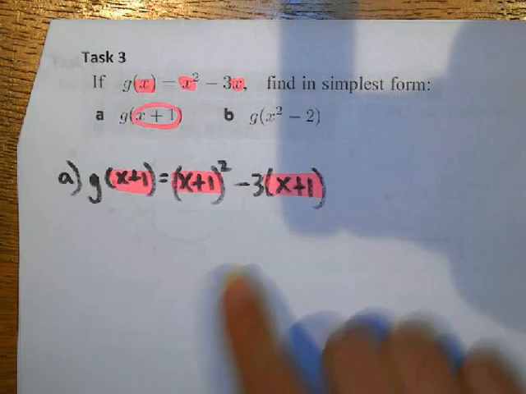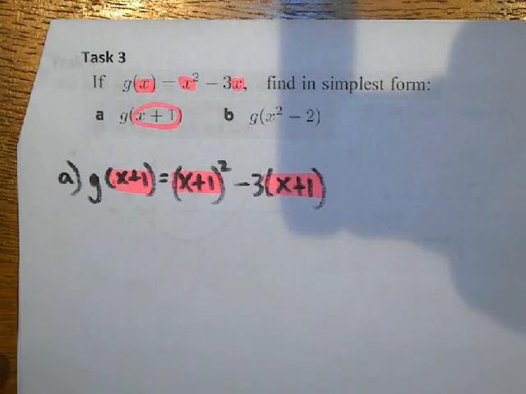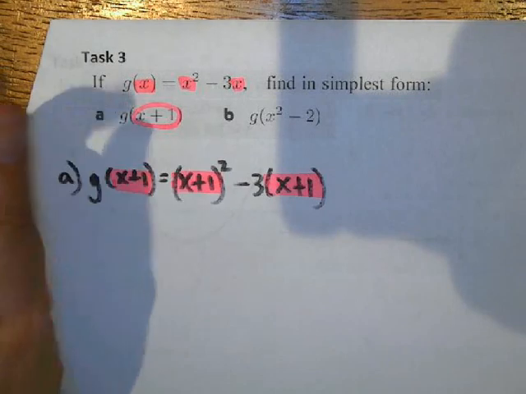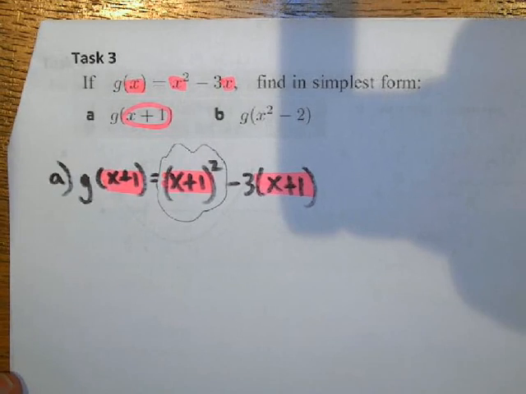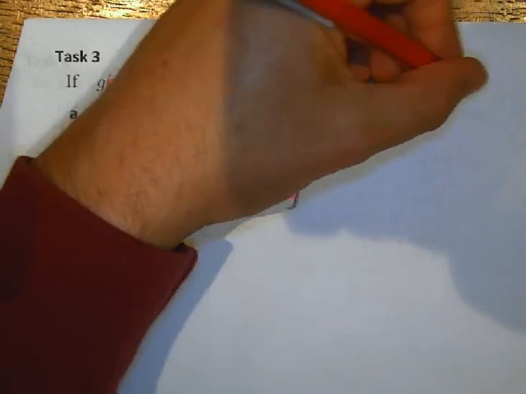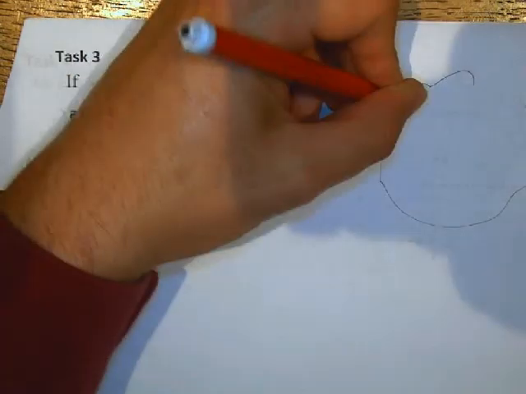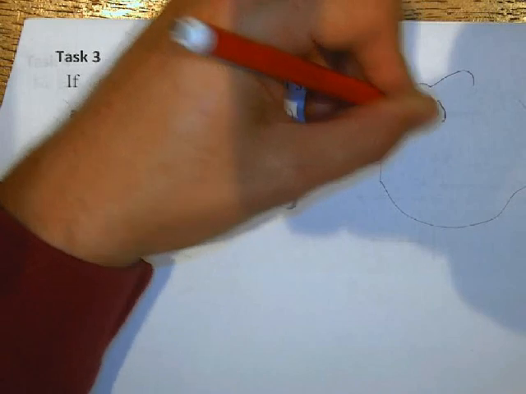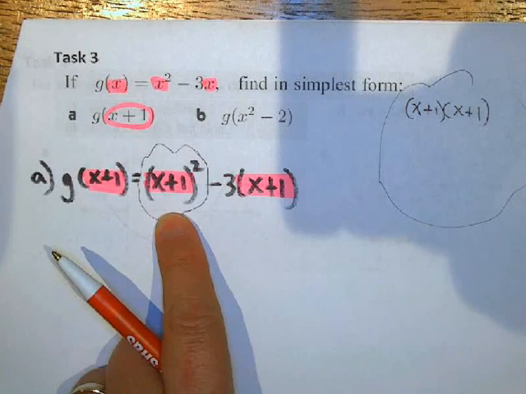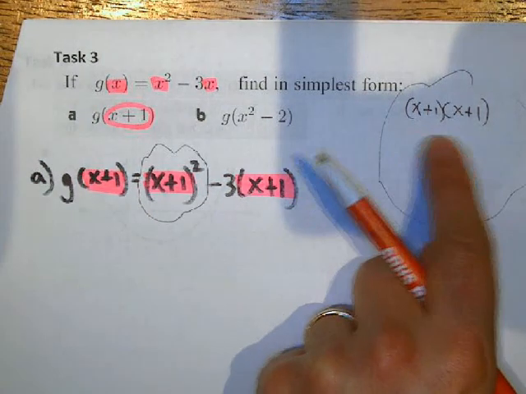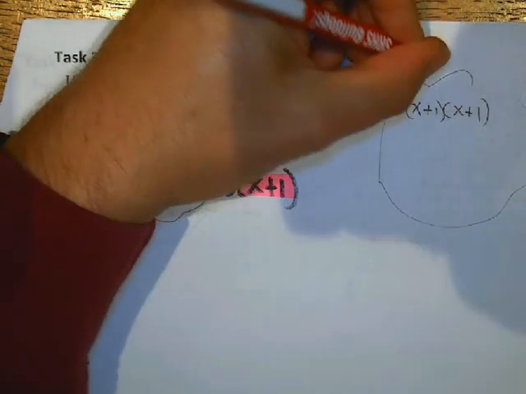Okay, now the mistake that everybody was making is they didn't know how to expand this. So you need to think of this as x plus 1 times x plus 1. If I've got x plus 1 squared, this is x plus 1 times x plus 1. And now we have to do this thing called FOIL.